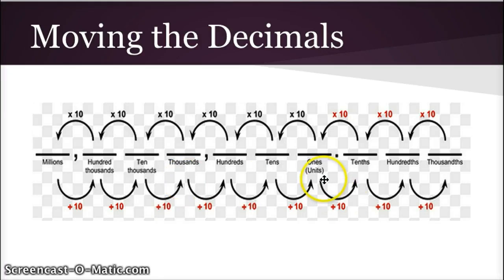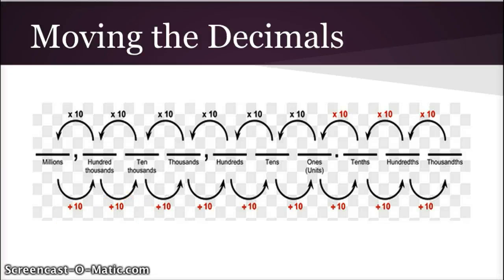If I divide a whole number by 10, I'm going to move it down one place, from the ones to the tenths, from the tenths to the hundredths. If I divide by 100, it would take me from the ones all the way to the hundredths. So the same pattern still exists when you're looking at decimals. You just have that decimal that moves with it as well.